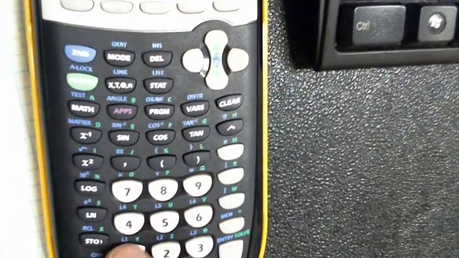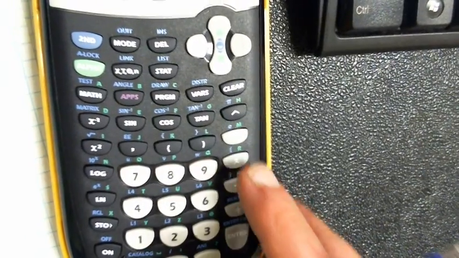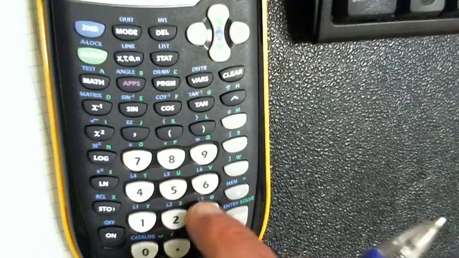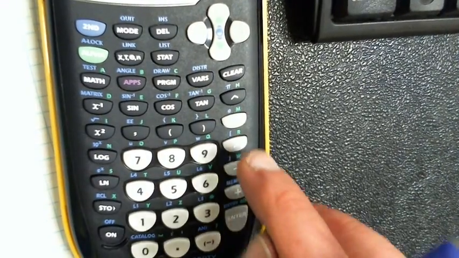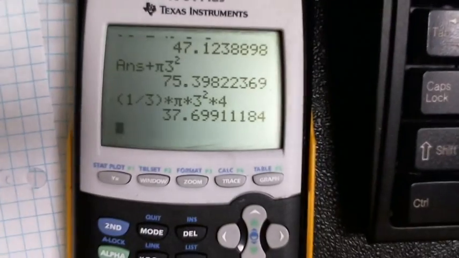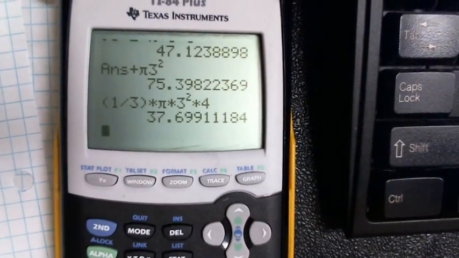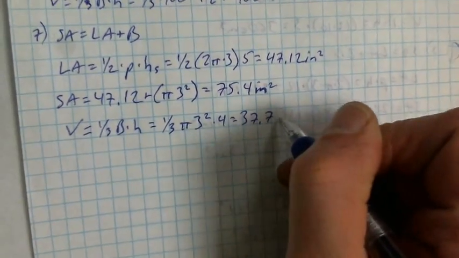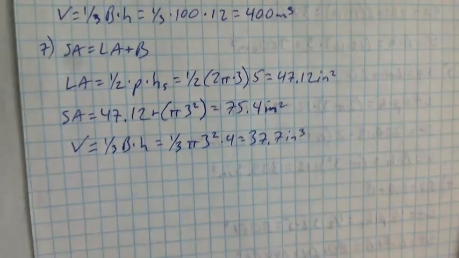So that's 1/3 times pi times 3 squared times 4. 37.7 inches cubed.